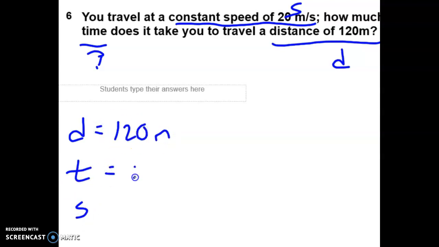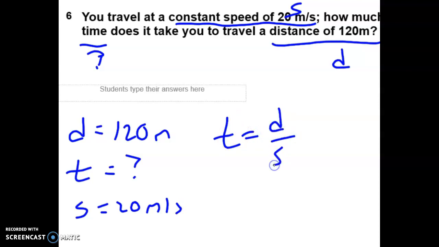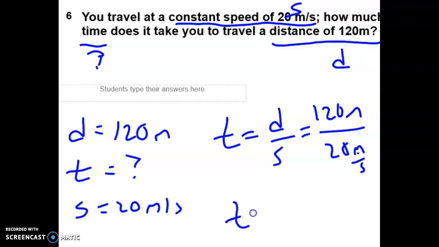The time is what we're looking for. The speed is equal to 20 meters per second. Time will be calculated by doing distance over speed, which is 120 meters over 20 meters per second. So 120 divided by 20 is equal to 6.